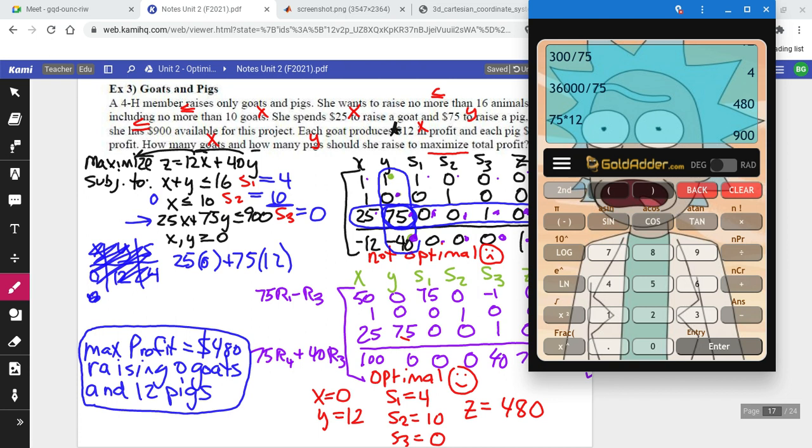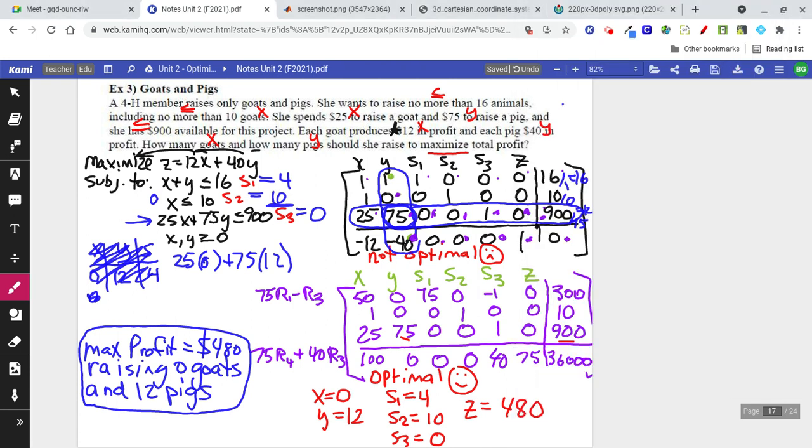There's no room for slack. There's no extra space. And so the slack variable is just saying if there's any more room in our inequalities, we're going to pick up the slack with those slack variables. But as for the upshot, the important part is this solution. The maximum profit is $480, raising 0 goats and 12 pigs.